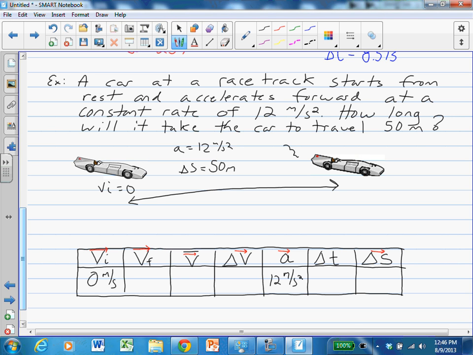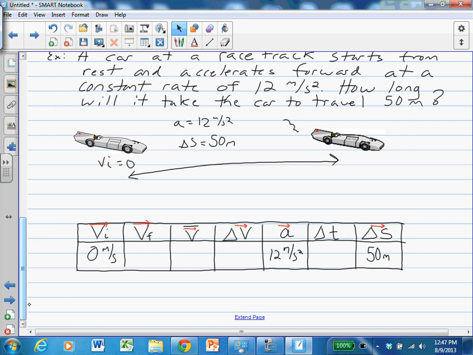And we know our displacement, or distance down the track, is 50 meters. So when we look at this, we could say, well, to get V bar, I need delta S over delta T. That's not going to work. I have two unknowns. Delta V, I need VF minus VI, so I can't get that. So I'm sort of stuck.